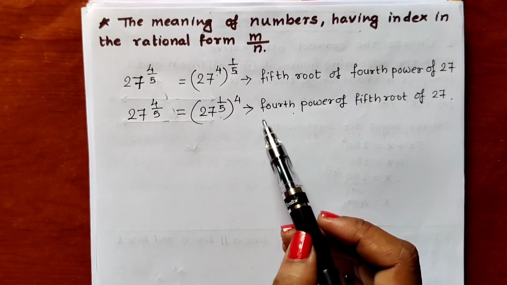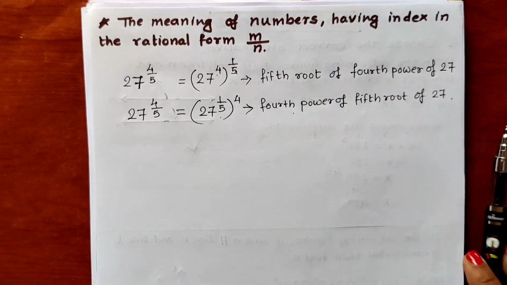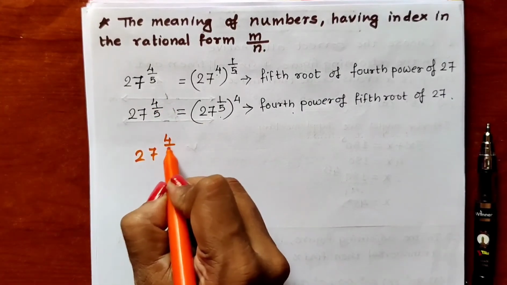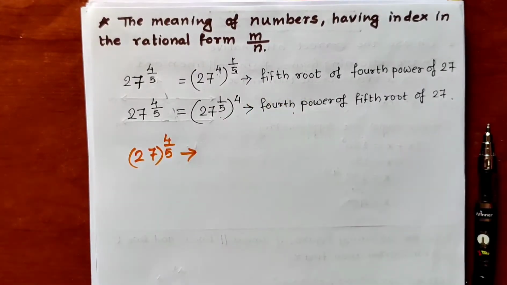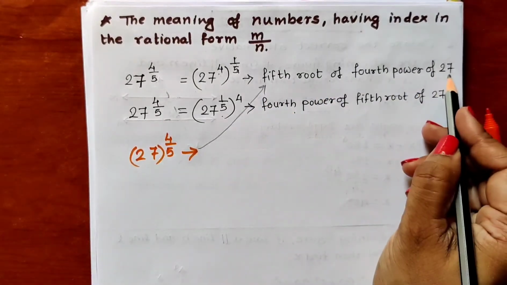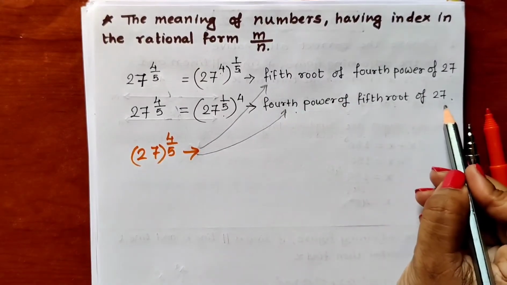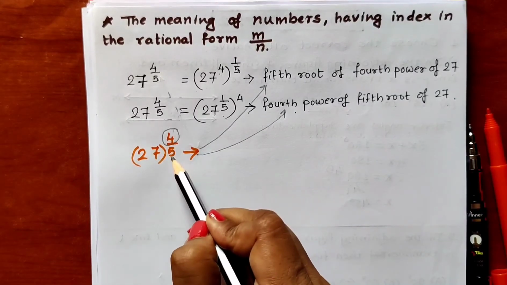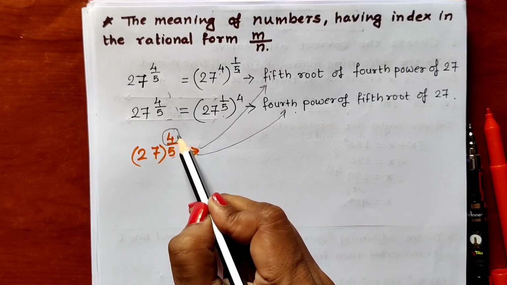Okay. So as we can all see here, the same number 27 raised to 4 upon 5 can be written in these two different ways. It can be written as fifth root of fourth power of 27, and it can be written as fourth power of fifth root of 27. That means power can be written first and afterwards the root, or root first and afterwards the power.